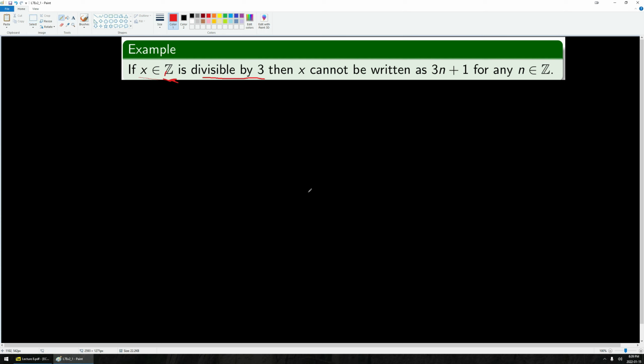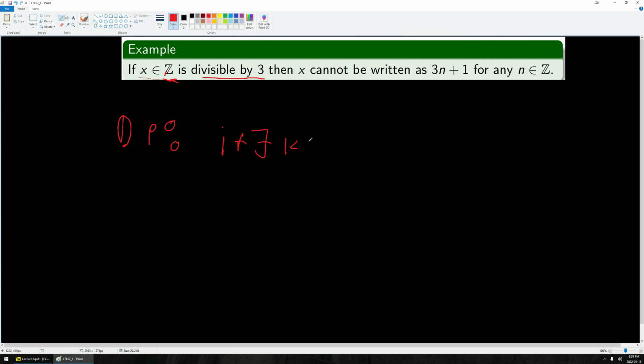Well, if I have a direct proof, let's just kind of write it in symbols to see what we need to do. So for a direct proof, I would need to say, hey, if there exists an n in z, actually I don't want to use n because I use n over here.